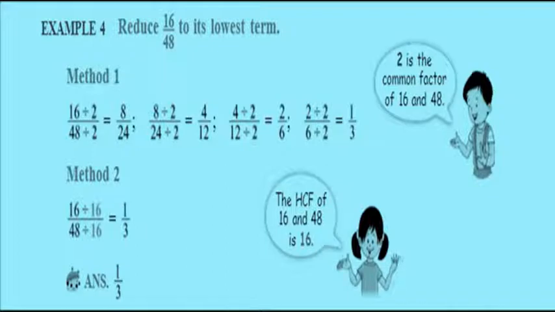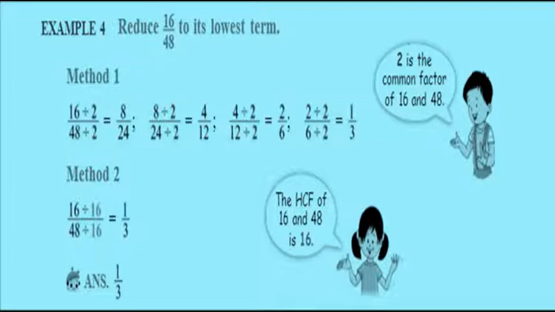Method 1, we will find out the common factors, one of their common factors greater than 1 to find its lowest term. Okay, so 16 by 48. So the common factor between 16 and 48 is 2. So 16 divided by 2 and 48 divided by 2 will give you 8 by 24. So again you can divide 8 by 24 by 2.